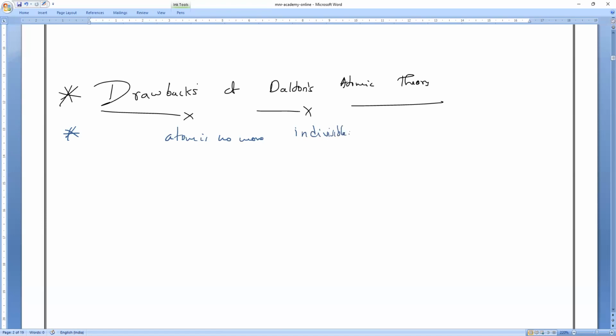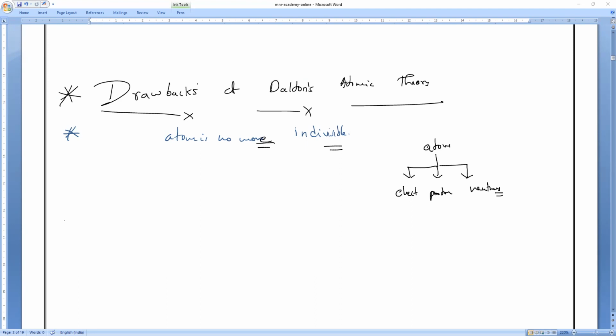Atoms are made up of three subatomic particles: electrons, protons, and as well as neutrons. Was it discovered before Dalton or after Dalton? After Dalton. That is why we are studying it under drawbacks.